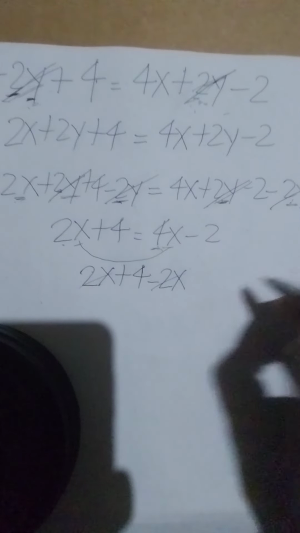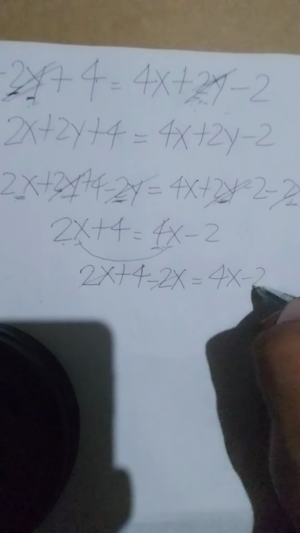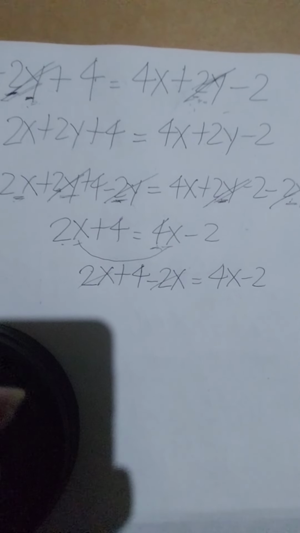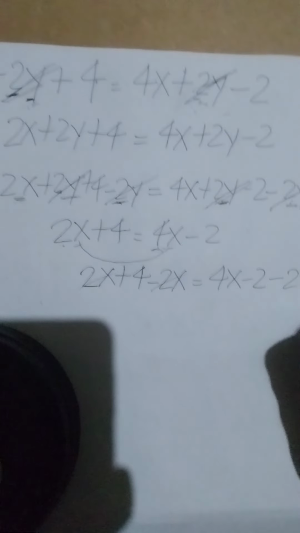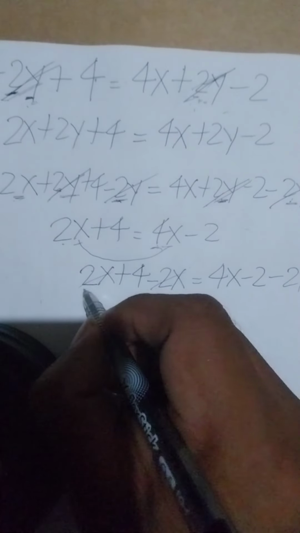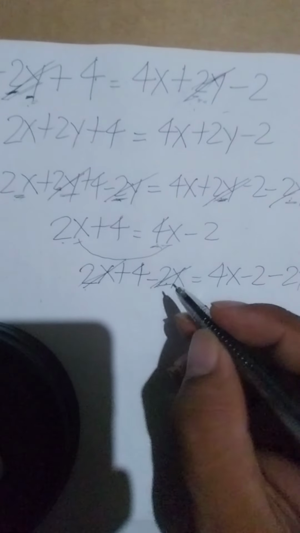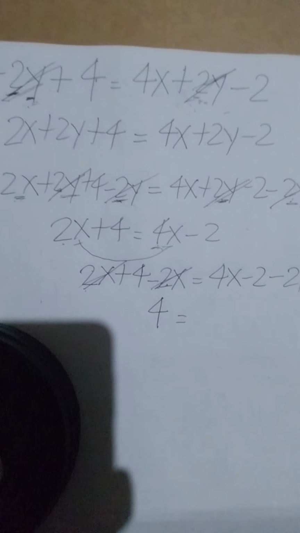2x pala. 2x equals to 4x minus 2. Siyempre, kung ano yung gagawin natin sa isang side of the equation, yun din ang gagawin natin sa kabila. Okay, so minus 2x. So, ito, cancel out to siya kasi 2 minus 2 equals to 0. So, may iwan na lang dito, si 4 na lang equals to.